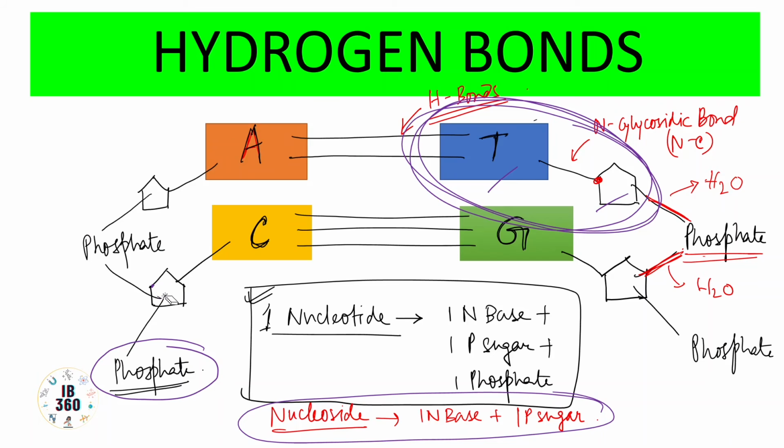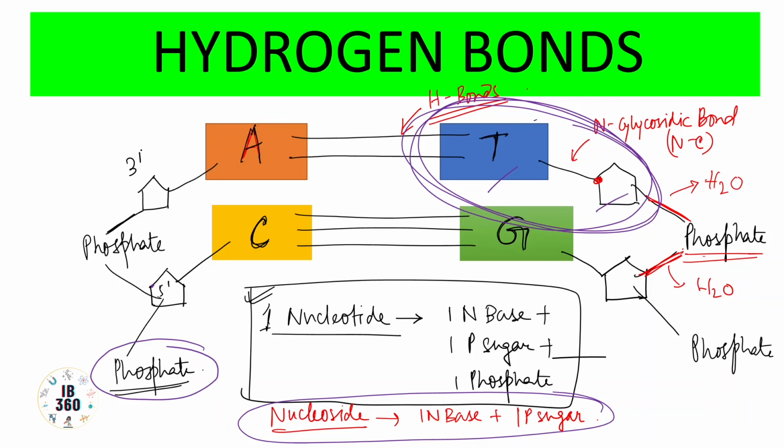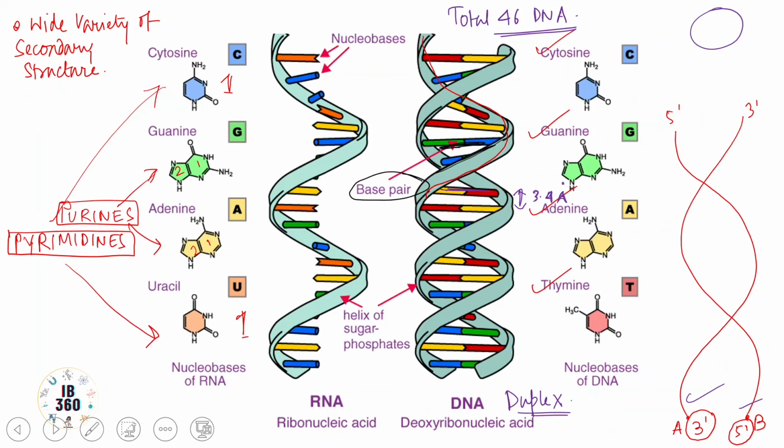See, this is the 5 carbon, and here the pentose sugar is again bonding with this end. Whichever carbon is left unbonded is the 3', and here it's the 5'. Thereby the 3' and 5' establishment comes into play. The directions in which they move are absolutely opposite, and that establishes anti-parallelity, which is the main reason for their complementarity.